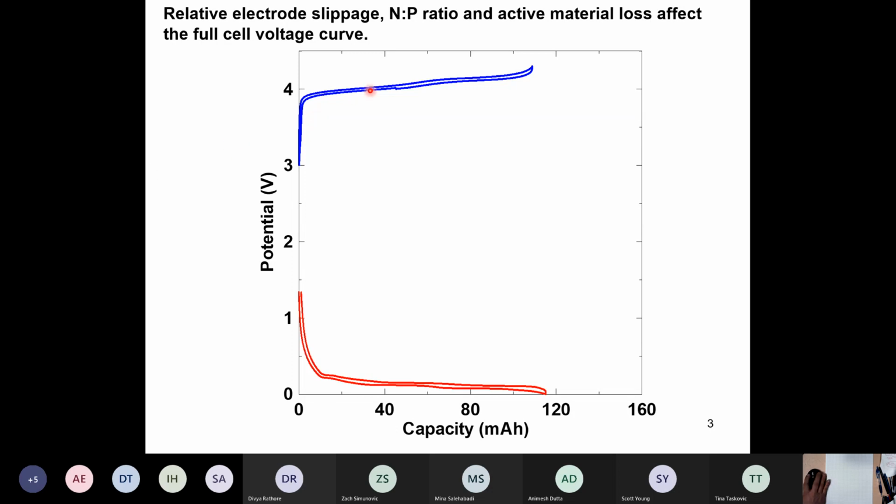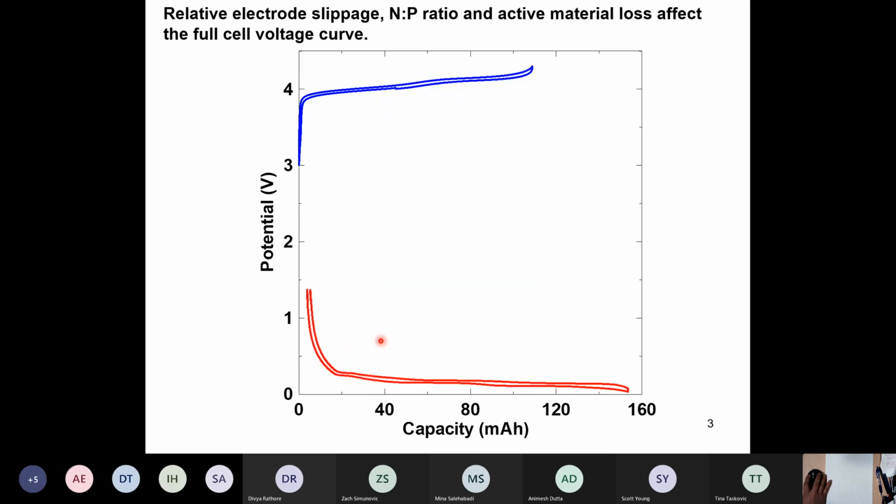So you have a positive and a negative. The negative can shift to the right as SEI growth occurs. That will reduce the capacity of the cell to operate in this range, shaded in yellow. The positive will be empty, and then the negative will be empty over here at the left side.